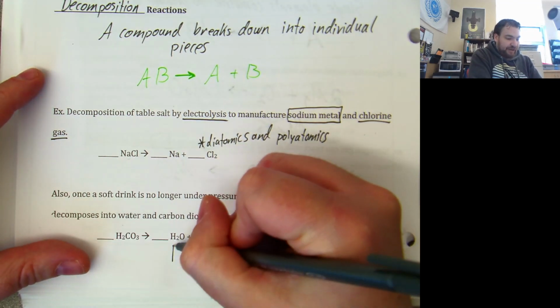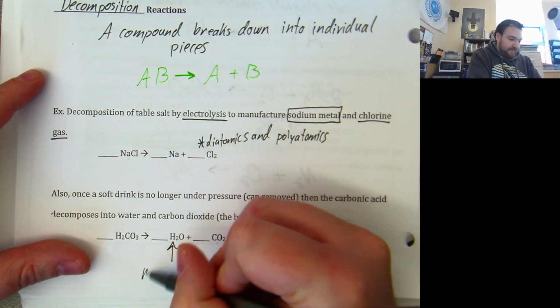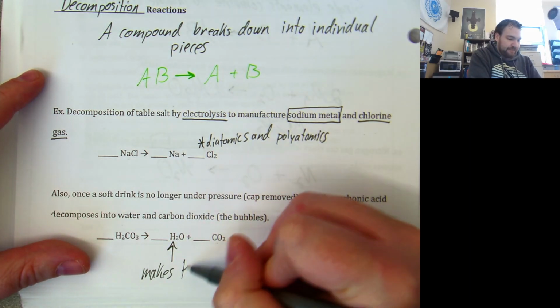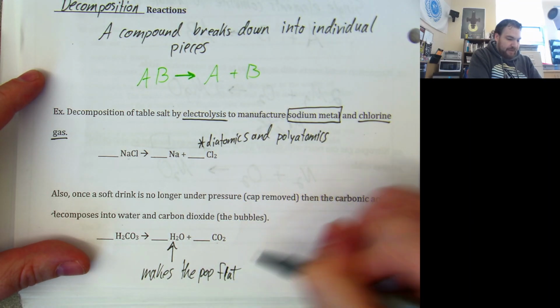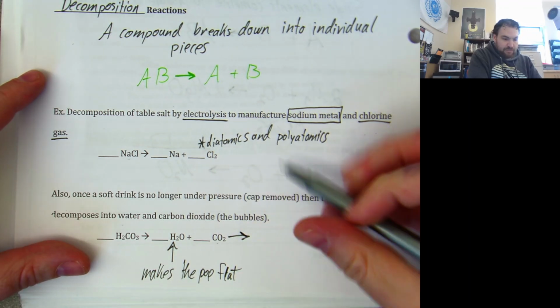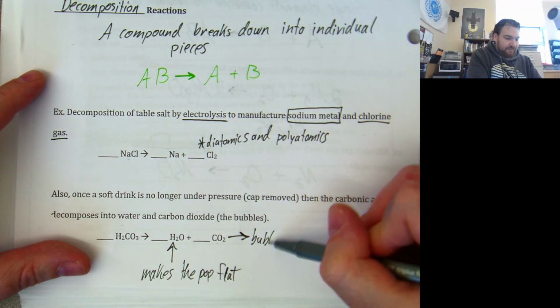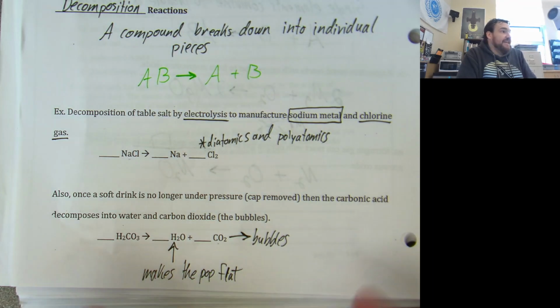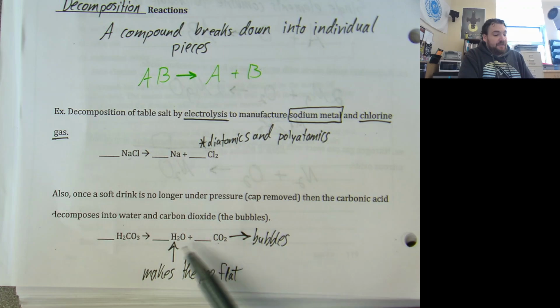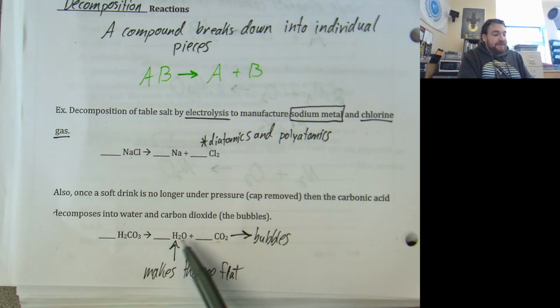The added water makes the pop flat, and the CO2 is the bubbles. This is also an example of a decomposition. Even though it's not individual elements being produced, these are simpler molecules than what you started with.